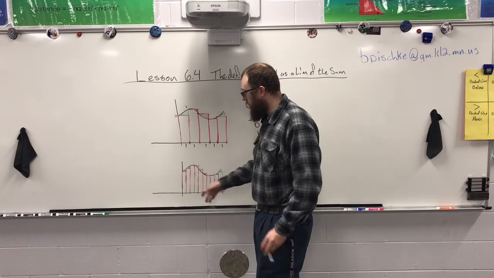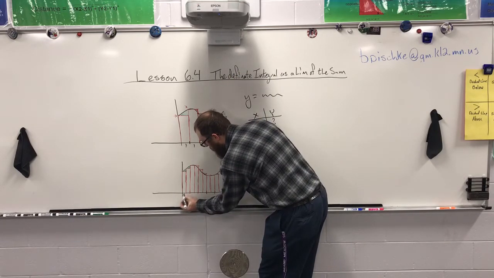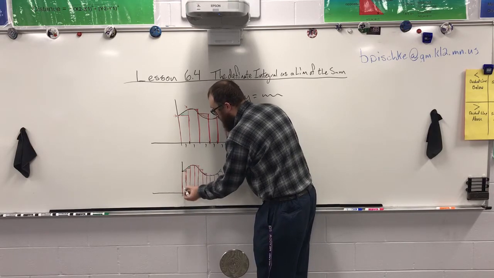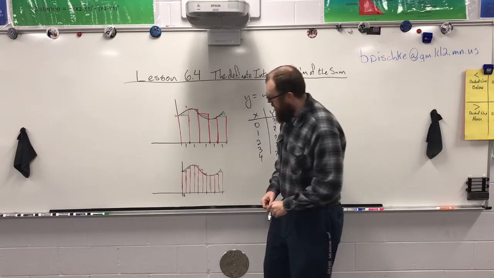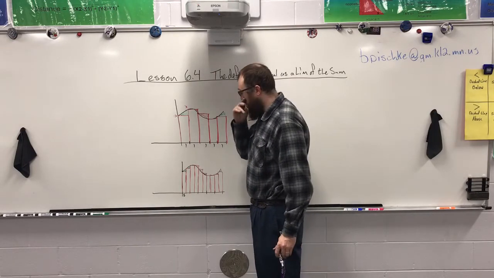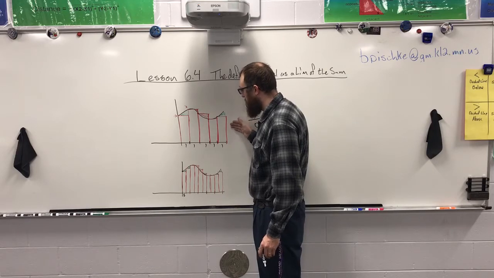If I add up the area of all these rectangles, which are 0.5 wide and then however tall, delta y, delta y, delta y, okay? I'm going to get a much closer representation to the area of this curve than if I use this picture.